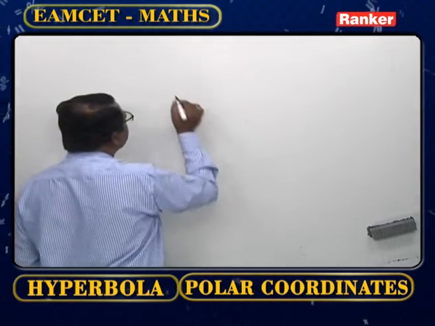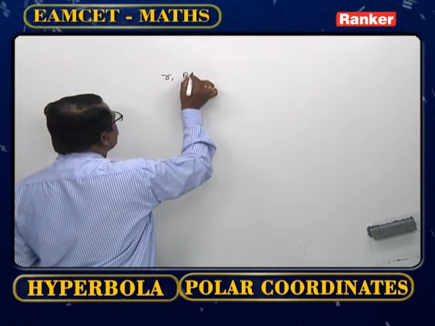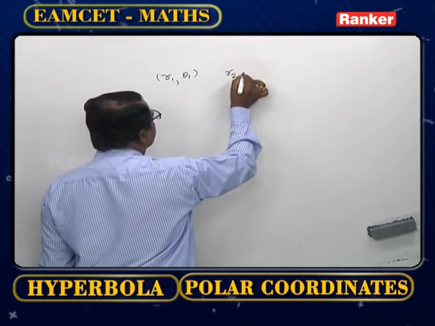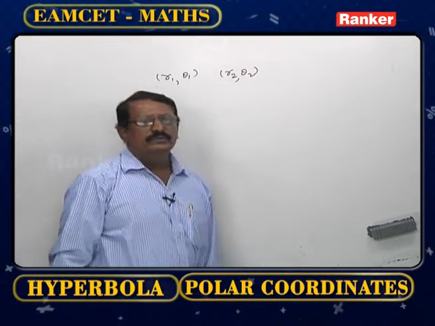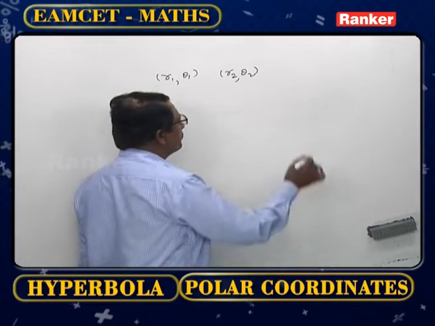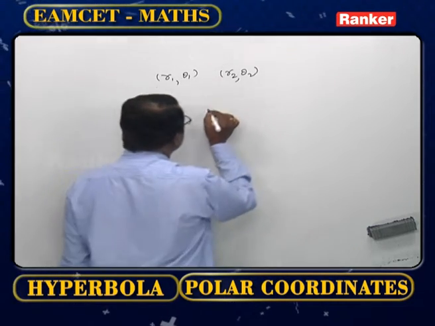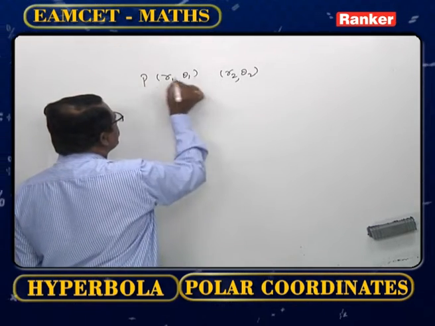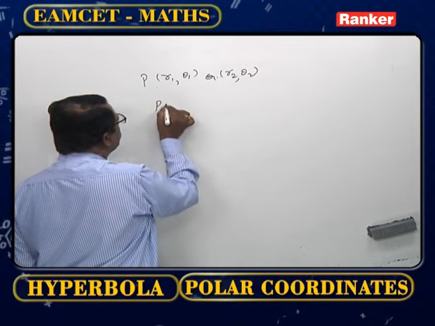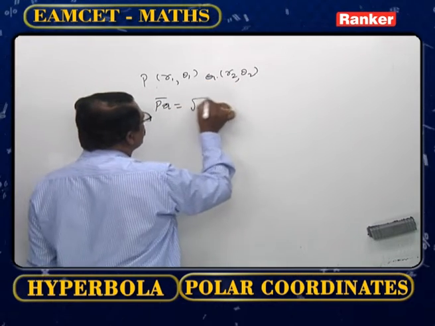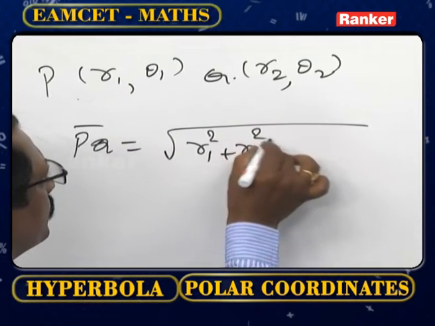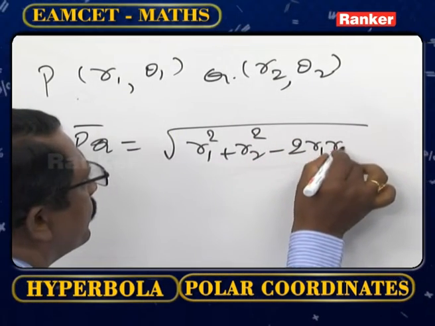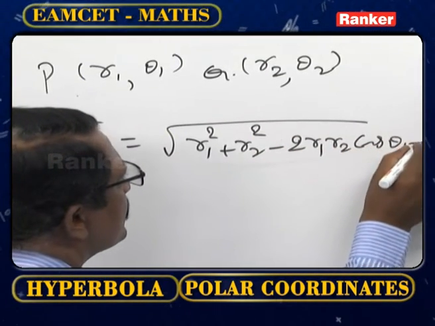Suppose (r1, theta 1) and (r2, theta 2) are two points, P and Q. Now the distance between the two points, PQ, equals the square root of r1 square plus r2 square minus 2 r1 r2 cos of (theta 1 minus theta 2).